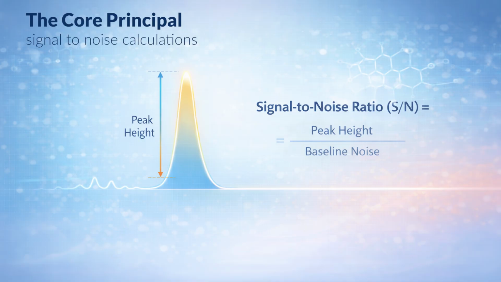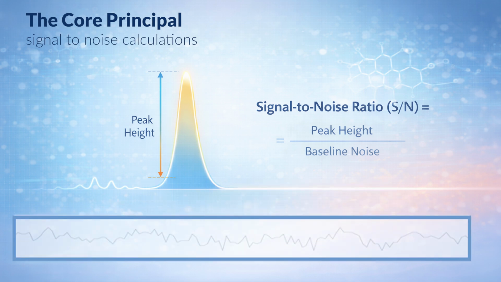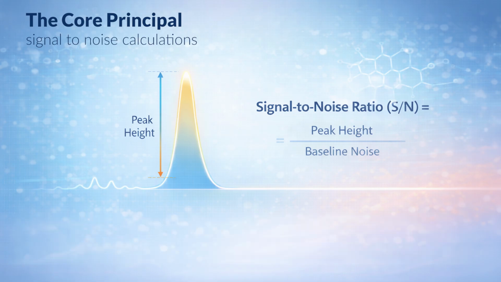Signal-to-noise in GC and HPLC, the core principle. In both GC and HPLC, signal-to-noise ratio is a comparison between the amplitude of a chromatographic peak and the baseline variation of the detector signal. Baseline noise is a property of the chromatogram trace itself. It represents random variation in detector output when no analyte is present.